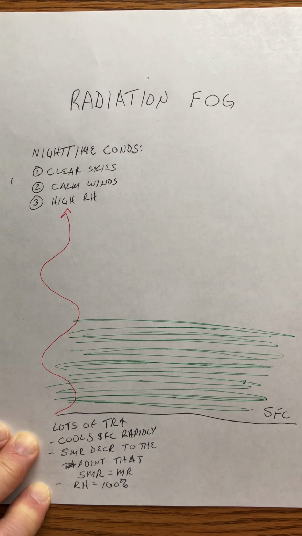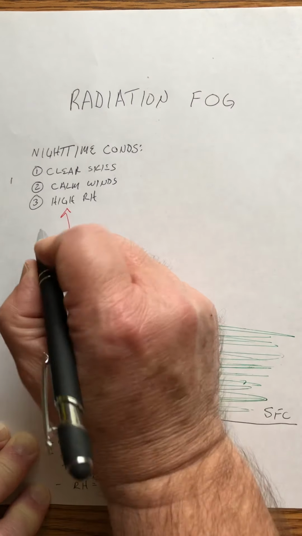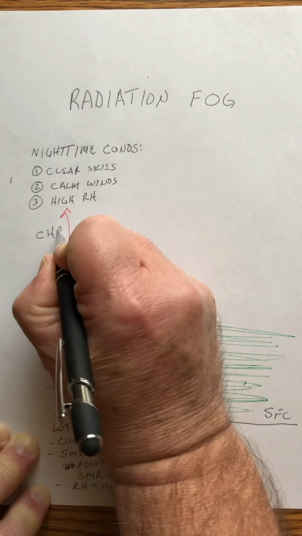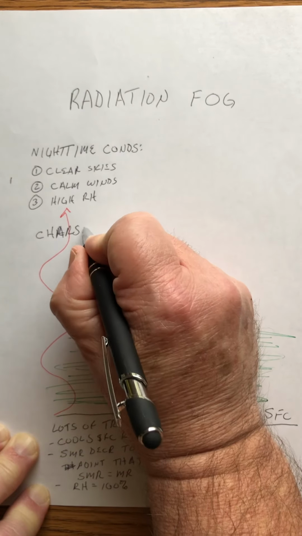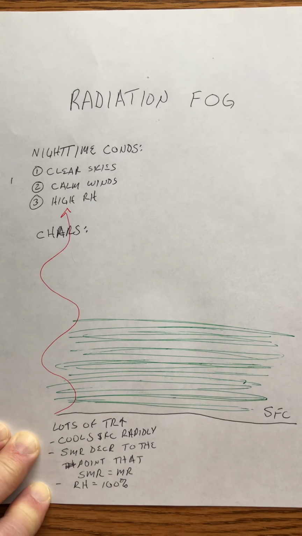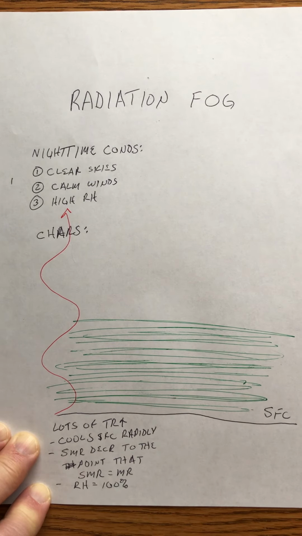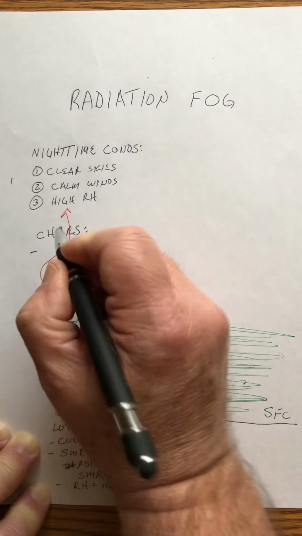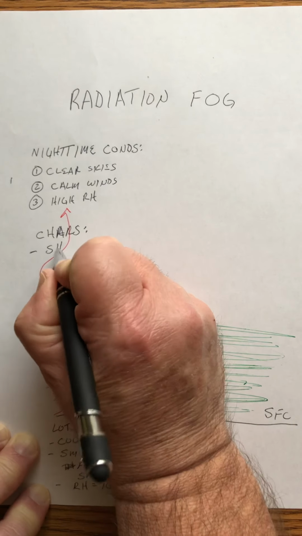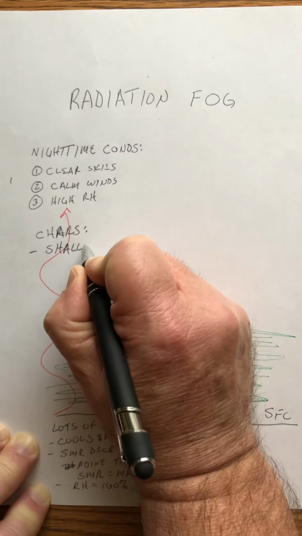And radiation fogs have certain characteristics. And so let's look at the characteristics. Okay, so the characteristics of a radiation fog are that they are a very shallow fog. There's not much depth to them.